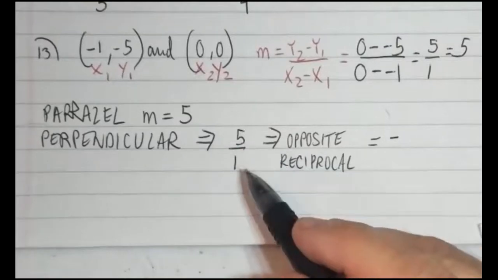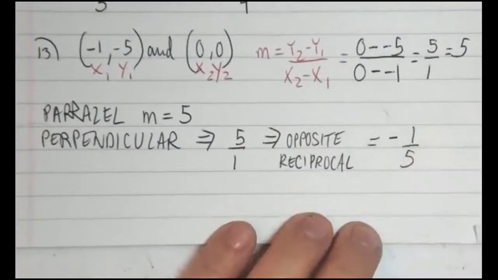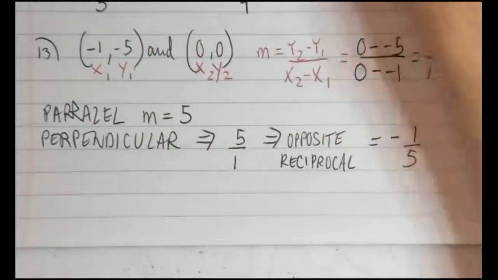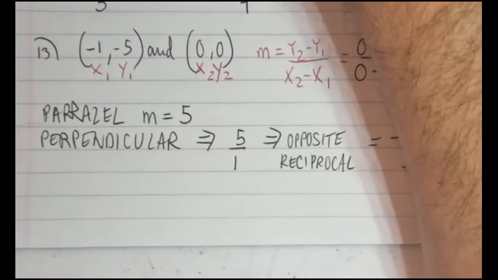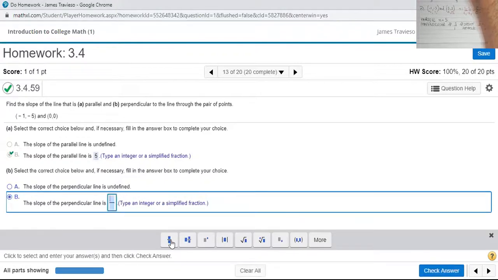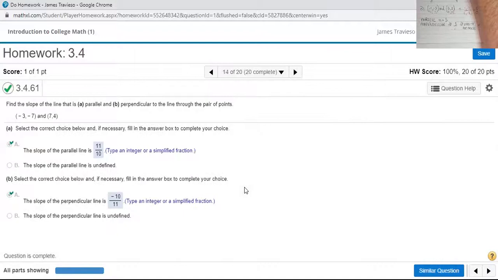And then we flip the 5 over 1 and make it negative 1 over 5. We go back into our problem, and we said it would be -1 over 5. Check your answer, and you're good. So that's how you're going to do those.